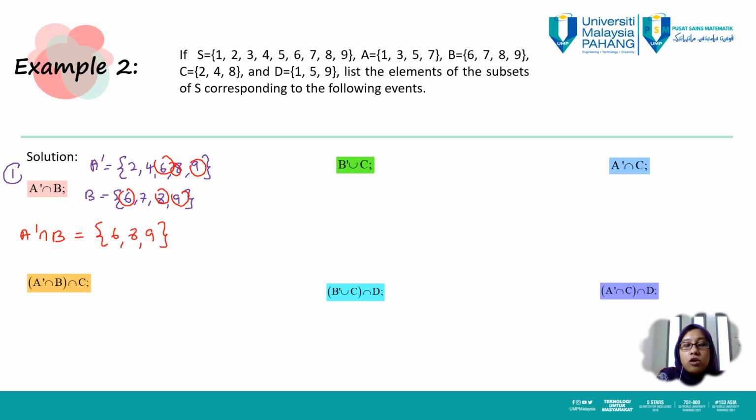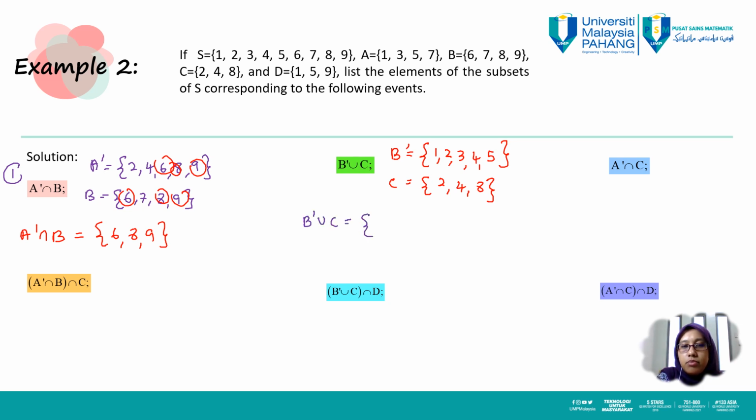Okay, so how about B prime union C? We already have element for B. So what is element for B prime? Other than B is equal to 1, 2, 3, 4, 5. And we already have element for C, 2, 4, 8. So what is the element for B prime union C?